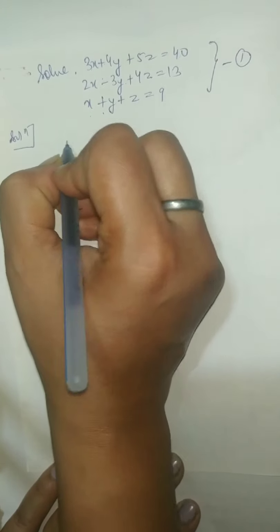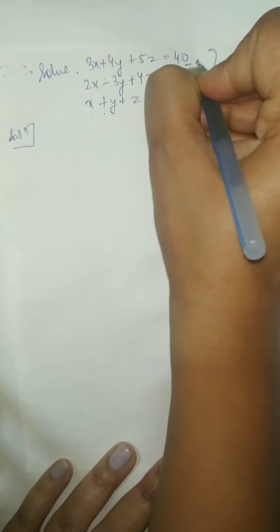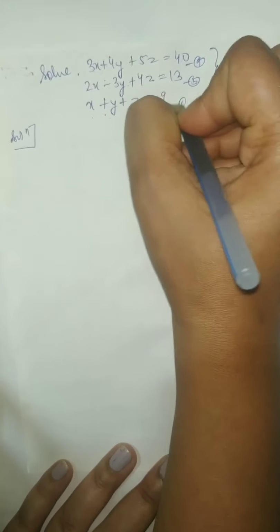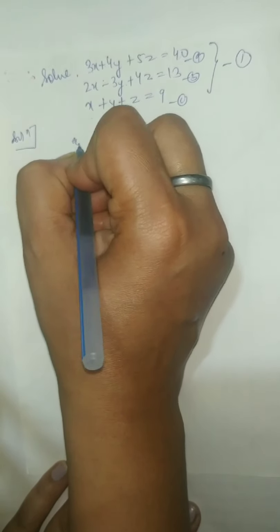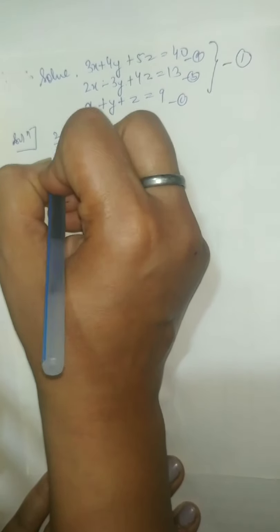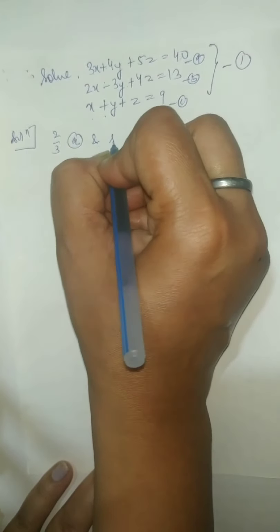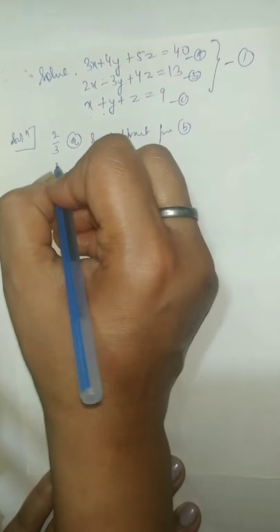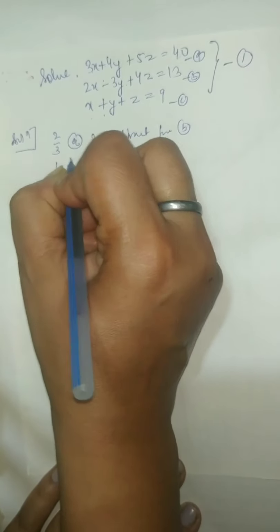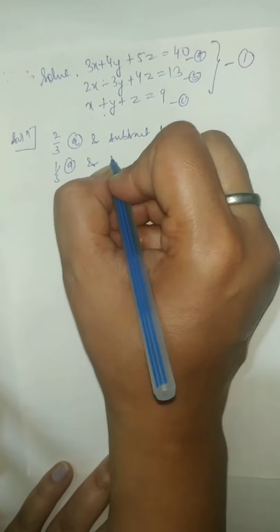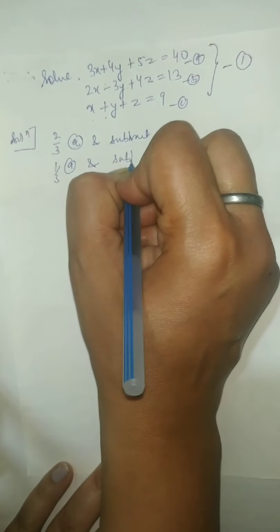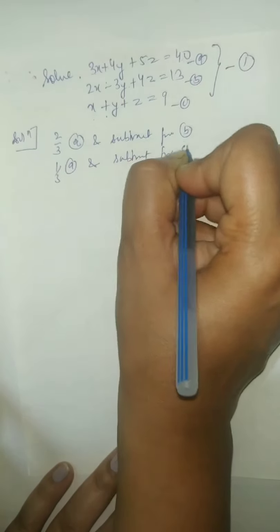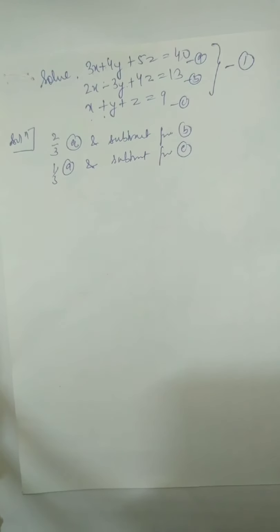For this we multiply equation 1, that is a, by 2 by 3 and subtract it from b, and multiply equation a by 1 by 3 and subtract it from c. Let's see what happened.